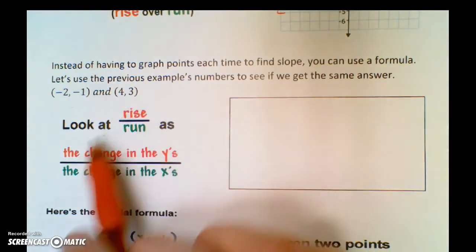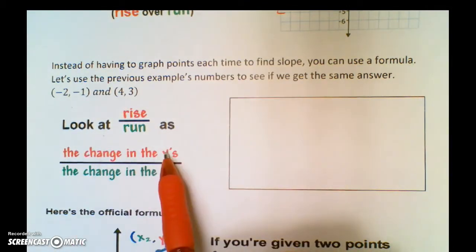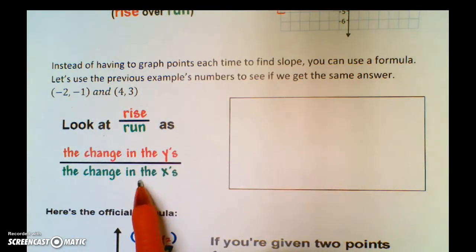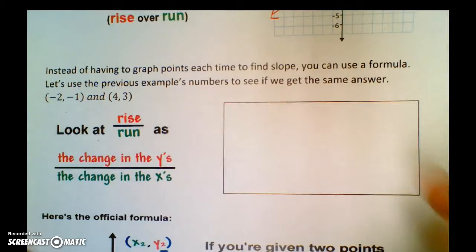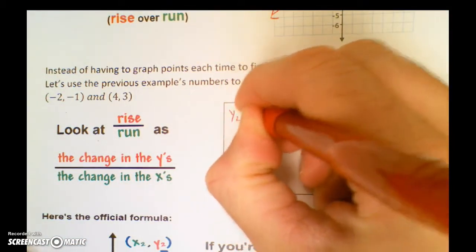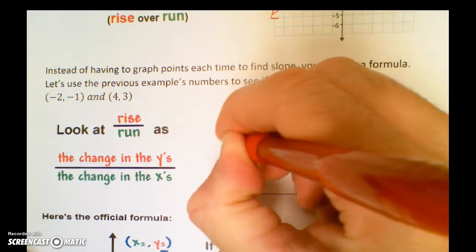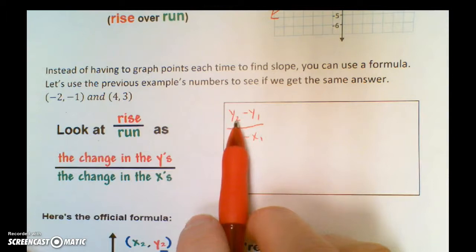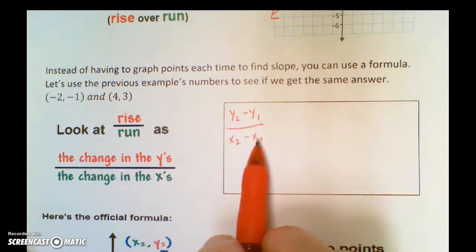Really, the rise is just your change in y's. It's the difference in the y values divided by the difference in the x values. So there's a formula, the slope formula. You take your y values and subtract them, divided by your x values subtracted. And we use these little subscript numbers here just to help us distinguish which y values we're pulling from. So I have y2 minus y1, over x2 minus x1.